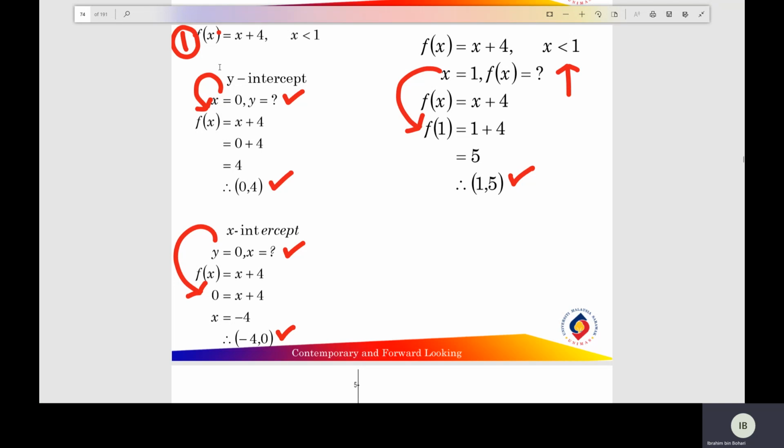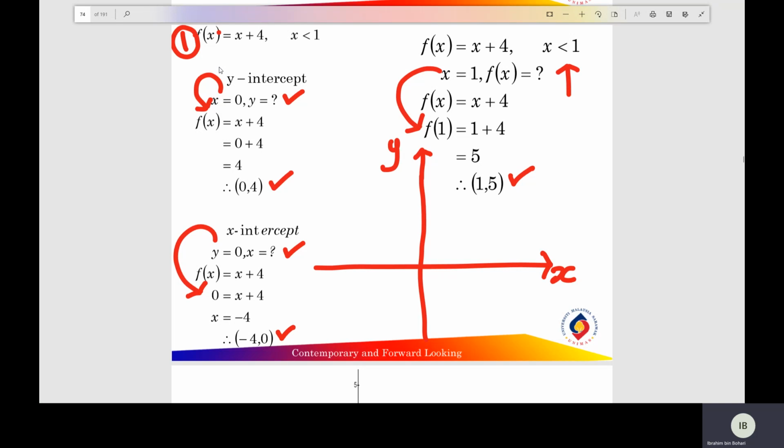Okay, and then you sketch the graph of the linear function. So this one is the graph of the linear function. And the x-intercept and y-intercept of the function are at -4 and 4.